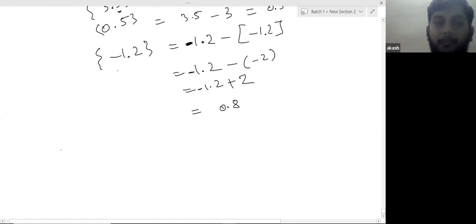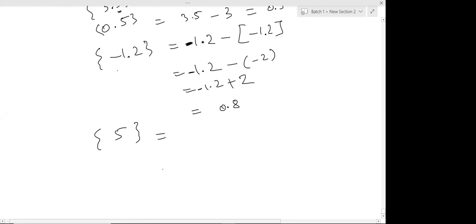Okay, fractional part of 5, use that formula and tell me the answer. 0, because there is no fractional part.